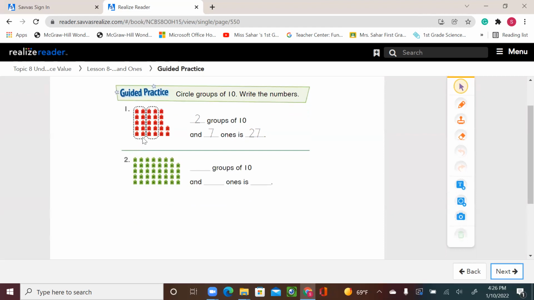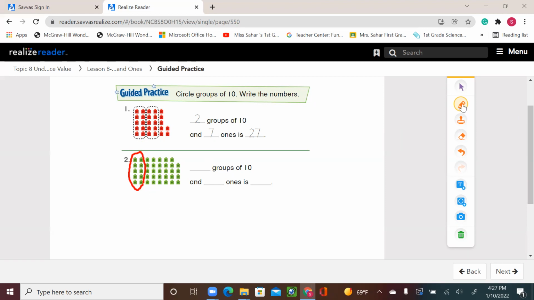Let's see number 2. We need to do the same as the first example. We put 10 counters in one group. So 2, 4, 6, 8, 10. So this is one group of 10. Let's count the next. 2, 4, 6, 8, 10.